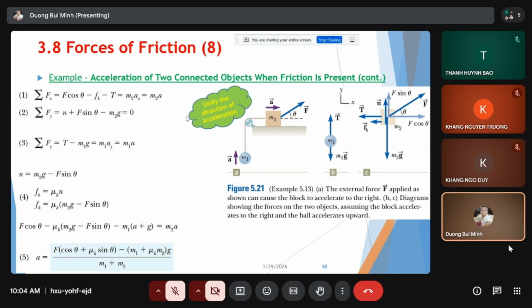Very easy, right? Of course, we need to know Fk. Fk equals mu K times N. This is number 4. Am I right? Any mistake?